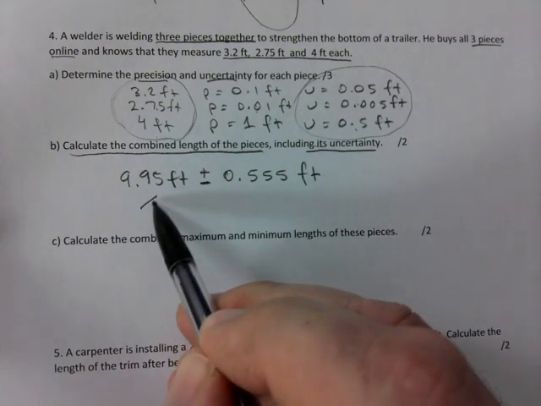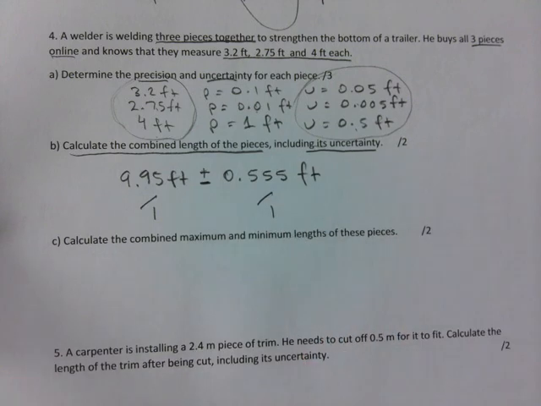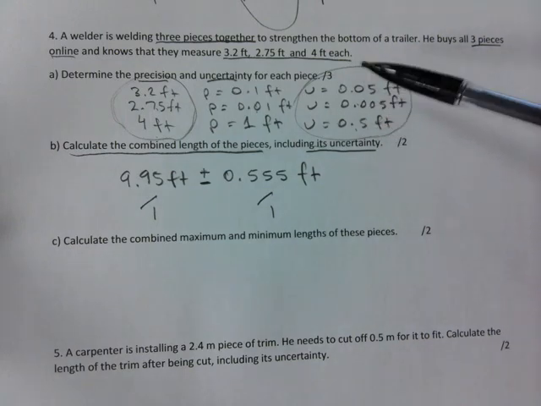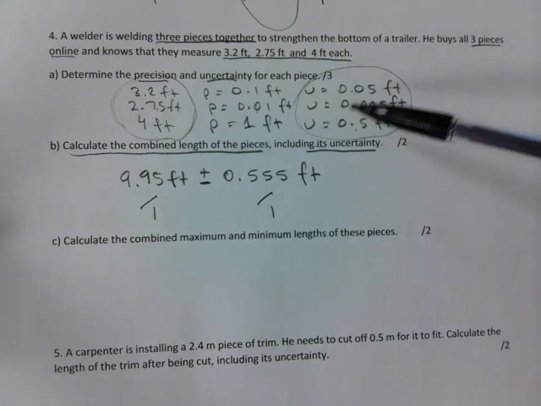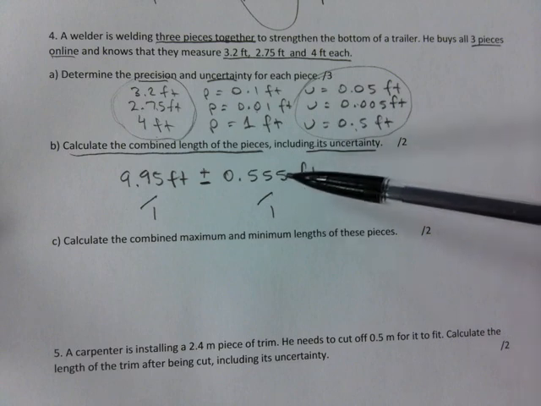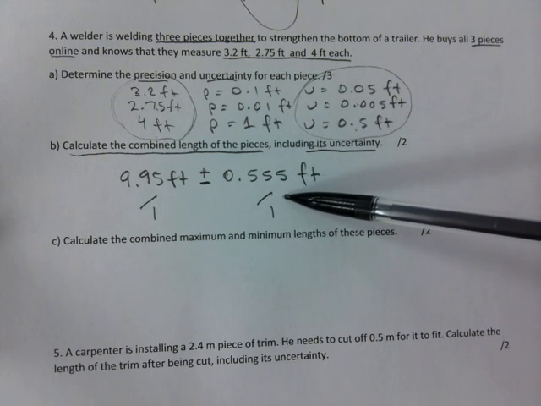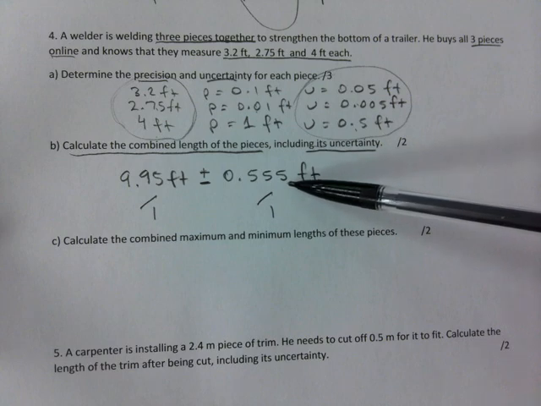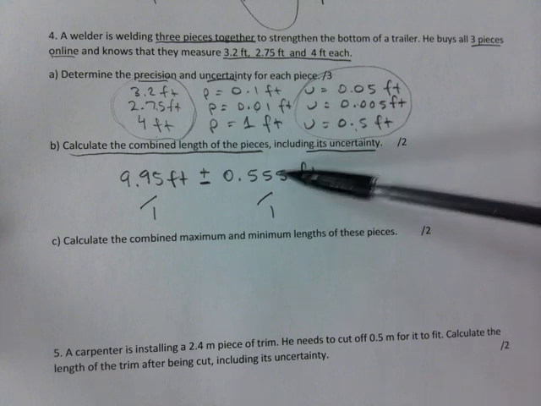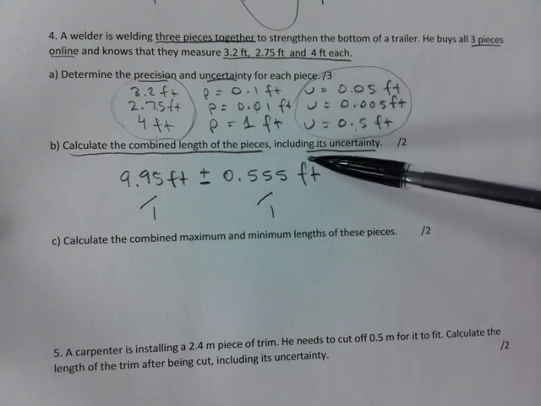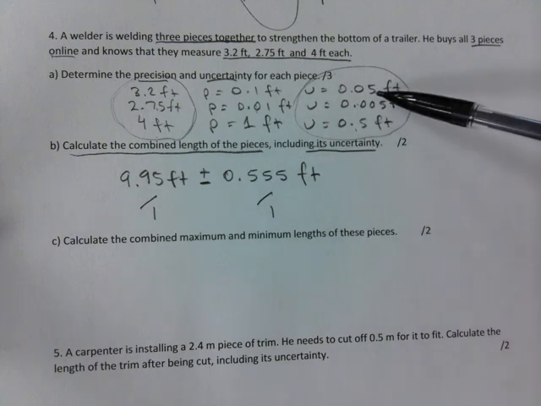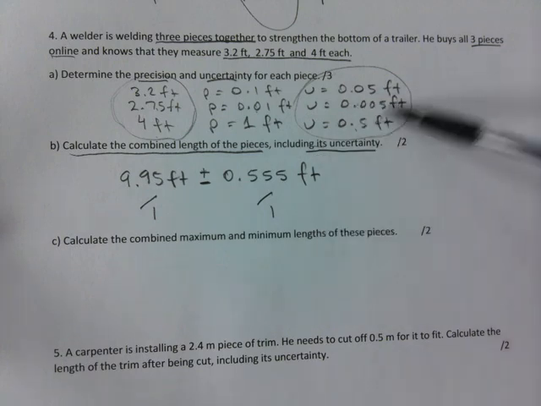So you get 1 mark for this and 1 mark for that done correctly. Now, if you got any of these wrong up here, of course it's going to carry forward here. I would not take away another mark. I would say step check, right? Because if I notice that you added these up, you know what you're doing. You made a mistake up here, and that's it. You just get penalized up there, not down here as well.